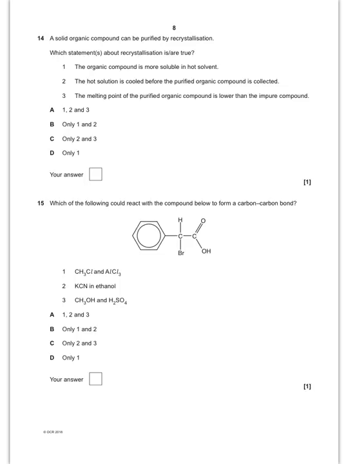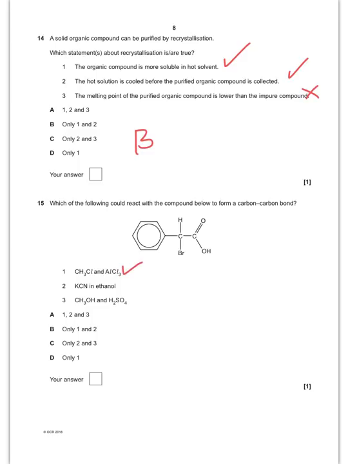So which statements are correct about recrystallization? One is correct and two is correct. However, three is incorrect, and so your answer for 14 is B. And finally, question 15, which of the following could react with the compound below to form a carbon-carbon bond?